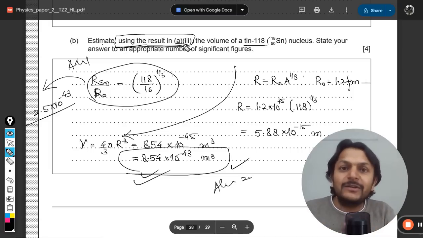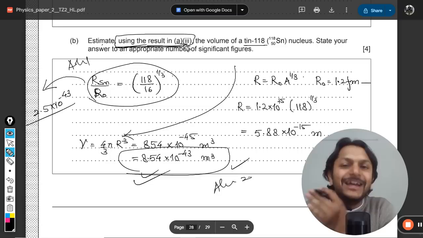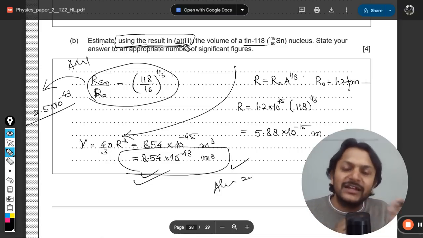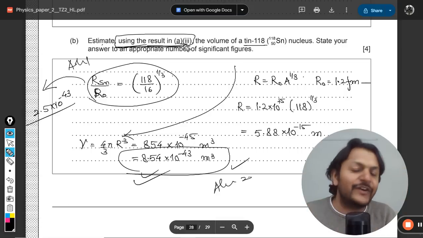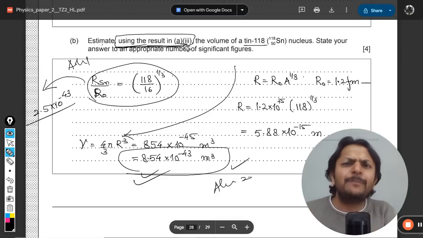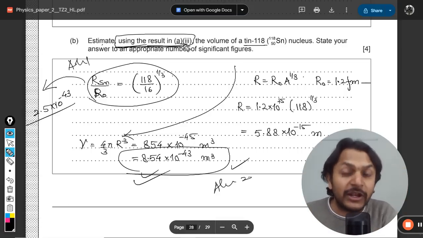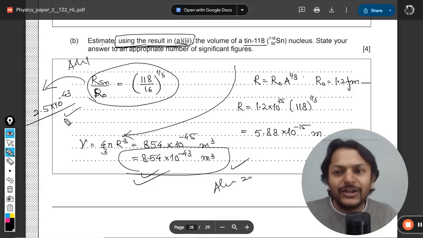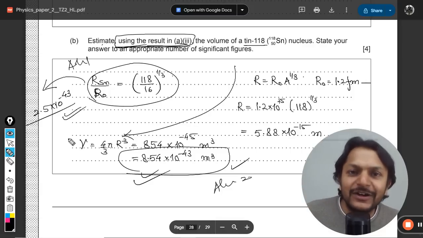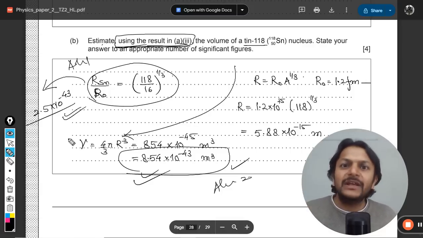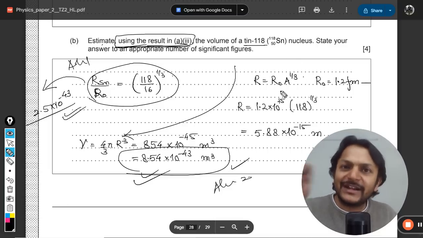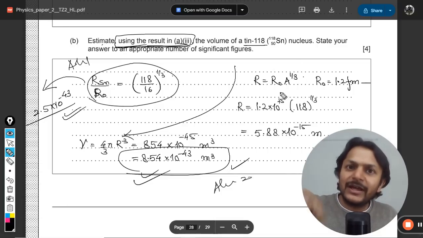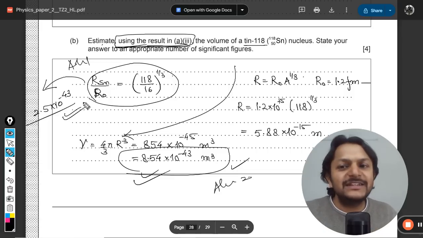The formula that was used by Davisson and Germer, like sine theta is equal to lambda by b, is not the exact formulation to find the diameter. Obviously you were getting approximate values but not the correct one. So according to that you are getting the volume to be 2.5, but actually the volume is coming out to be 8.54.